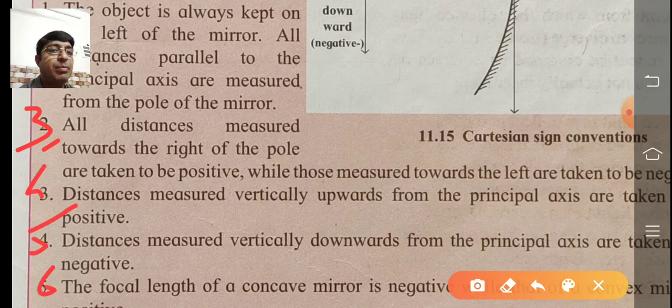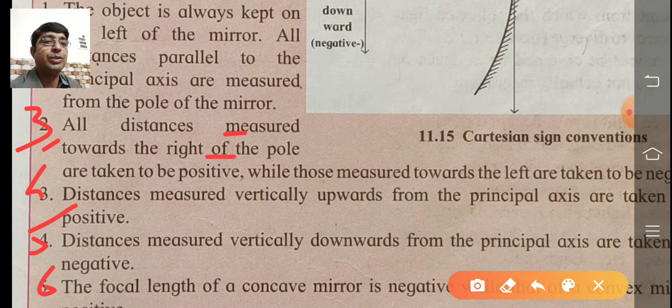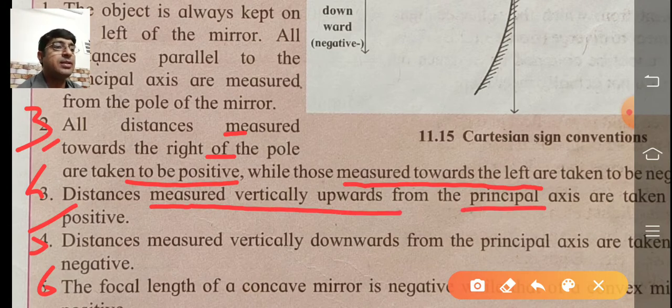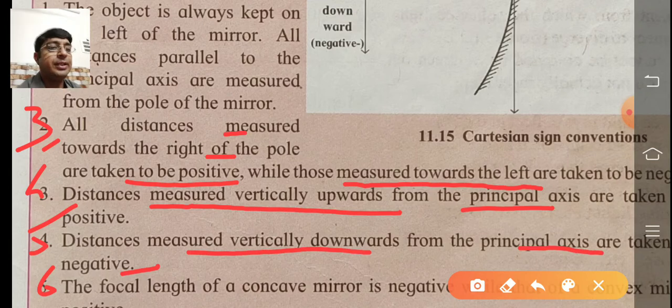Each point carries half mark only in exam. What is the third? All distances measured towards the right of the pole are taken to be positive, while those measured towards the left are taken to be negative. Fourth point, distances measured vertically upward from the principal axis are taken to be positive, and distances measured vertically downward from the principal axis are taken to be negative.